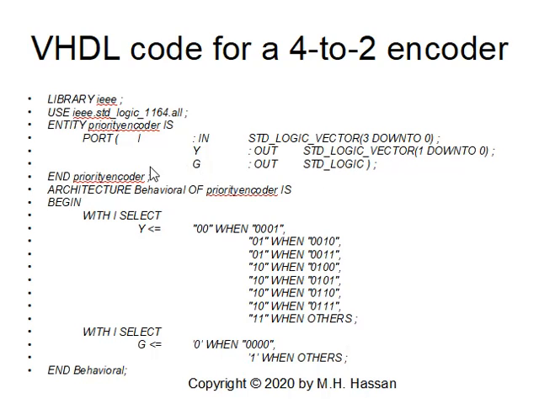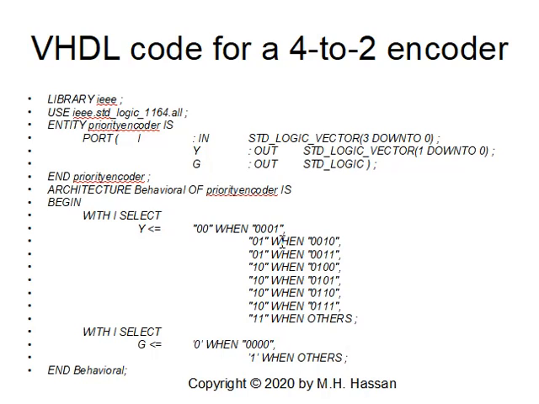So, 1 bit. I will end the entity name, which is priority encoder. Architecture behavioral of priority encoder, of the entity name priority encoder, is begin with I select. I will assign Y to be 0, 0 when I have 0, 0, 0, 1.